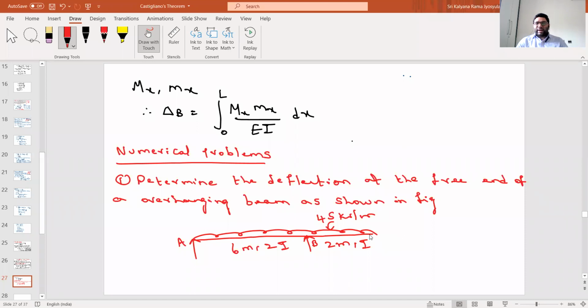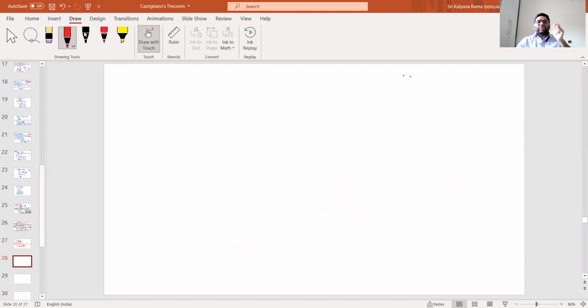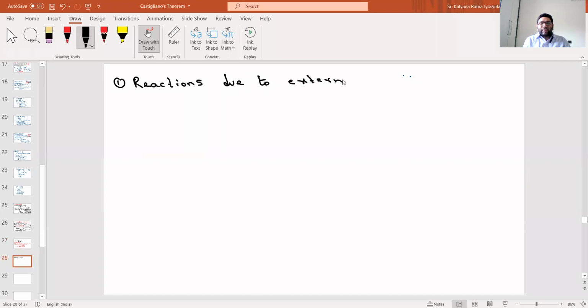So wherever we need to calculate the deflection, at that point we need to introduce unit load by removing all the external loads. Let us first solve this problem with respect to the calculation of reactions for external load. So first step, reactions due to external load.